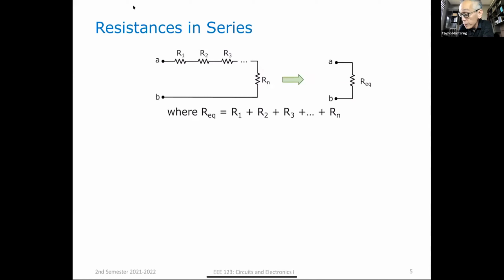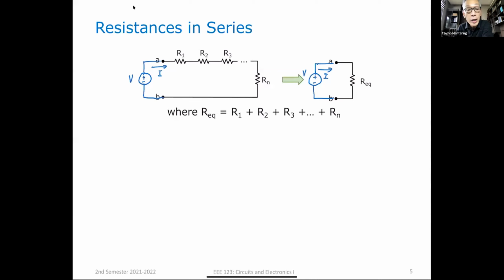Okay. Let's say I apply a voltage here. That voltage is going to cause a current to flow. If the two are equivalent, applying the same voltage here will cause the same current to flow.